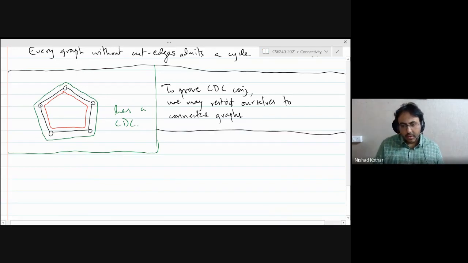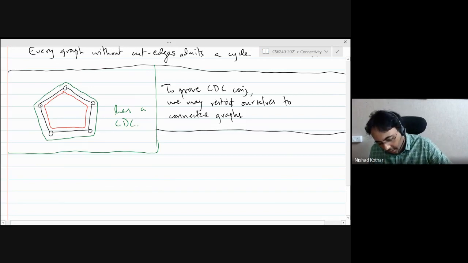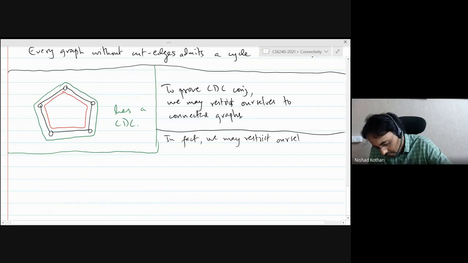It turns out that you can actually restrict yourself even further. There is a class of graphs that I want to define called non-separable graphs. In fact, we may restrict ourselves to non-separable graphs, whatever that means. And that is our next topic.